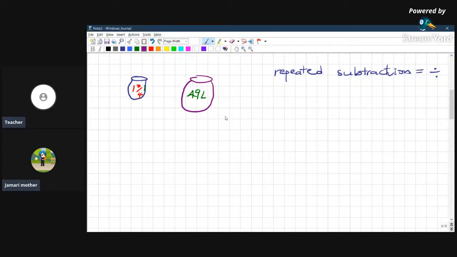So setting this out, we have one like this, and this one can hold 1 3/4. And then we have a larger container that has 49 liters. How many of these little ones can we get out of this big one?